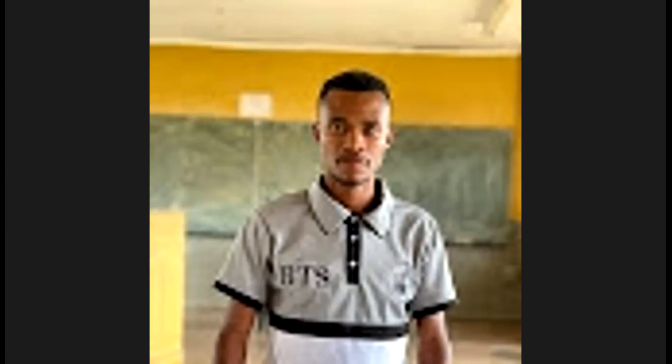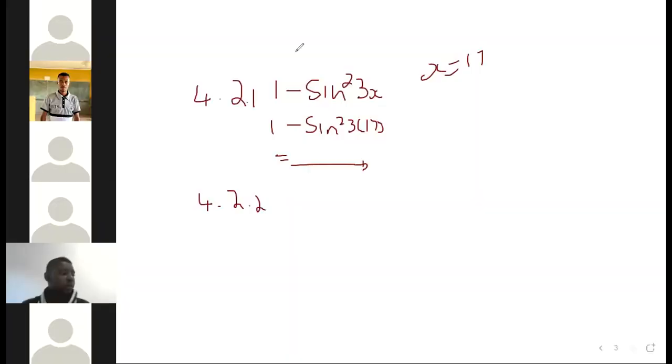Oh, fine. Can we do the correction? So the answer is 0.74. That's the answer I'm getting from you. Is it correct? I didn't get 0.74. I got 0.40.